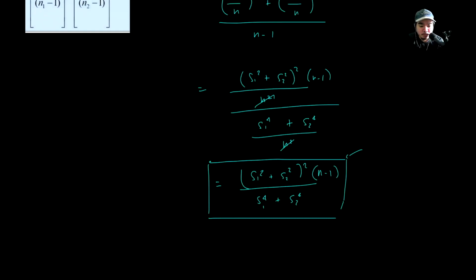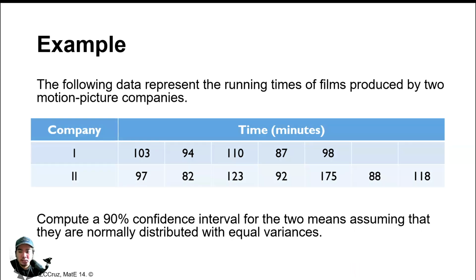So, balik tayo sa problem natin. So let's try this problem, no? We have the following data representing the running times of films produced by two motion picture companies. So meron tayong Company 1 and Company 2. And yung films nila last on average etong mga data na to. Okay? And this is in minutes.